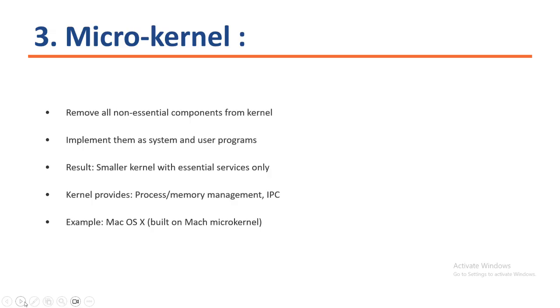Managing memory means allocating RAM to programs. Then IPC means inter-process communication. That is basically letting these separate outside programs talk to each other and to the kernel.